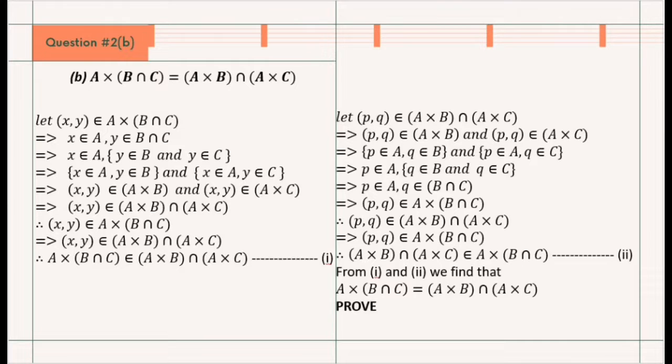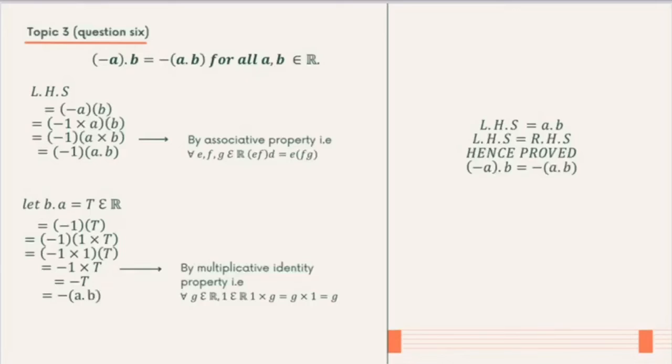Now this implies (A cross B) intersection (A cross C) is a subset of A cross (B intersection C). We name it 2. Therefore, from 1 and 2, we have A cross (B intersection C) equal to (A cross B) intersection (A cross C). Proof.